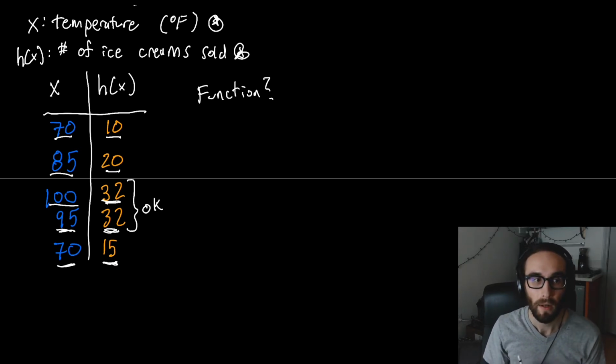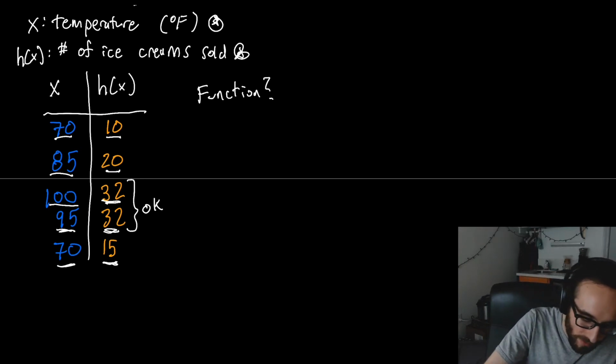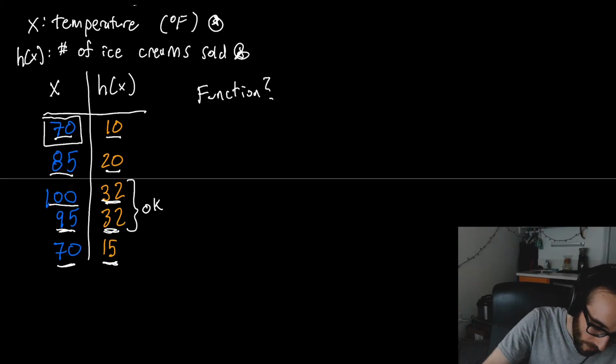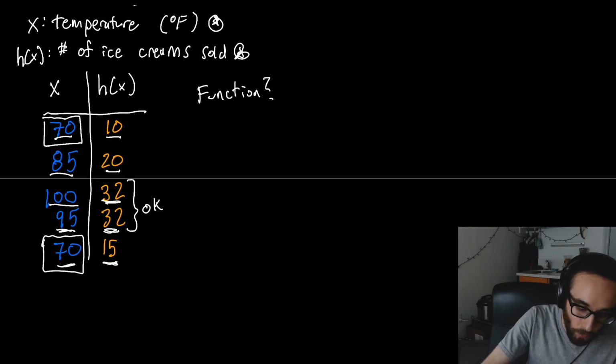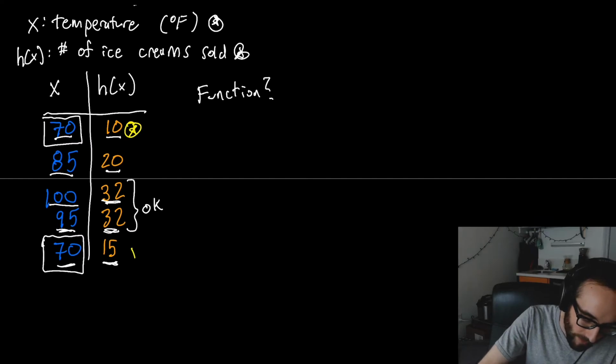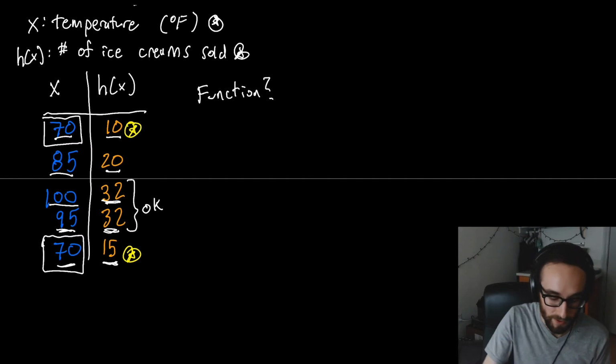That's fine. Another thing to notice on this graph, though, is that we have 70 degrees for one day, and we also have 70 degrees down here. And most importantly, those 2 days, 70 degrees, have different outputs.